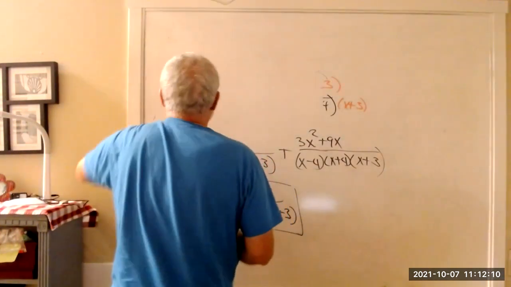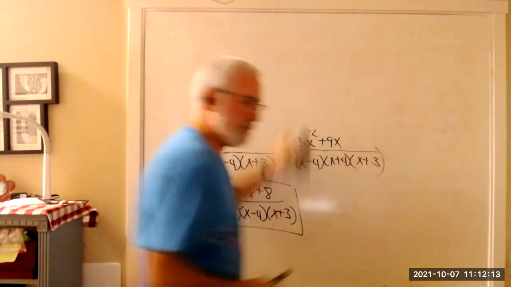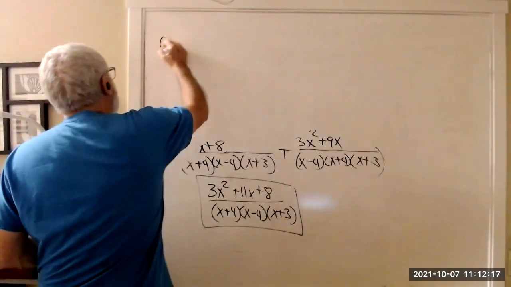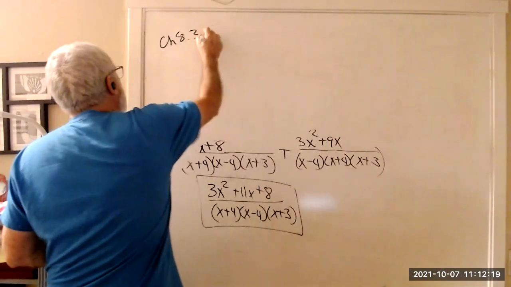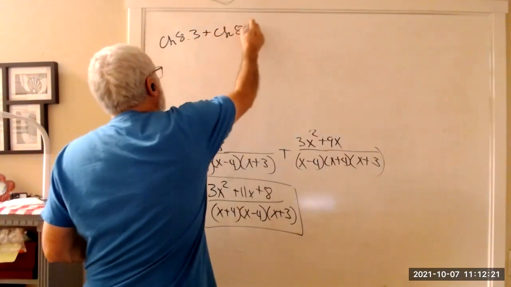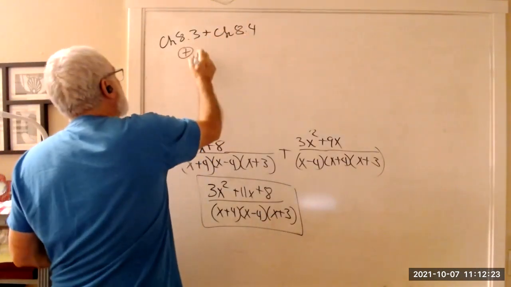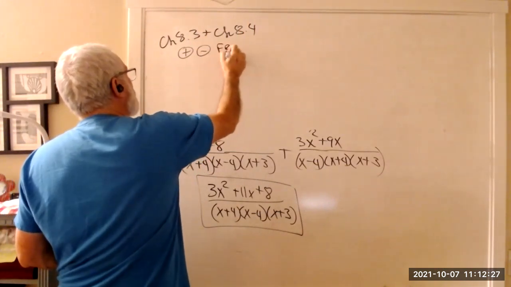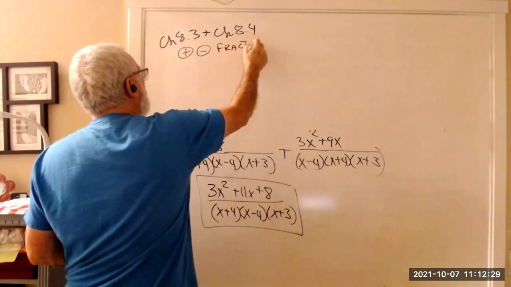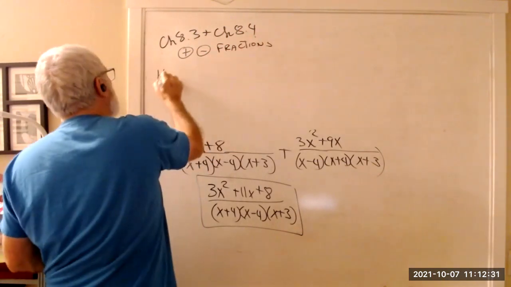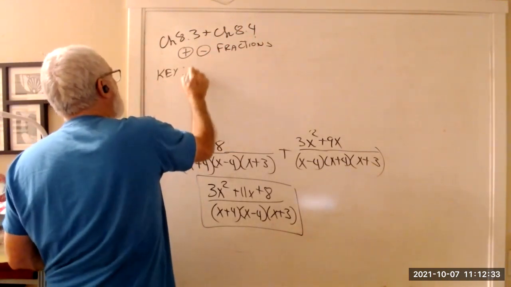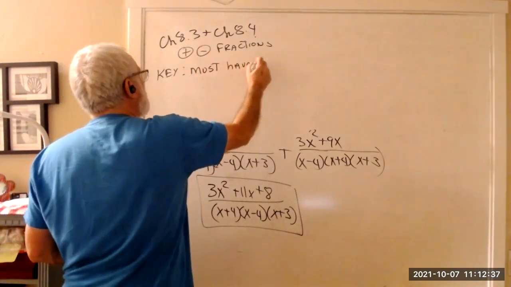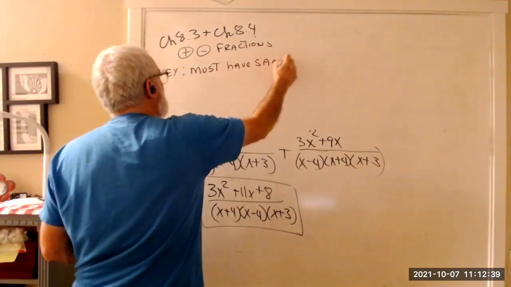In chapter 8.3 and 8.4, we learn to add and subtract fractions. And the key rule was they must have the same denominator.